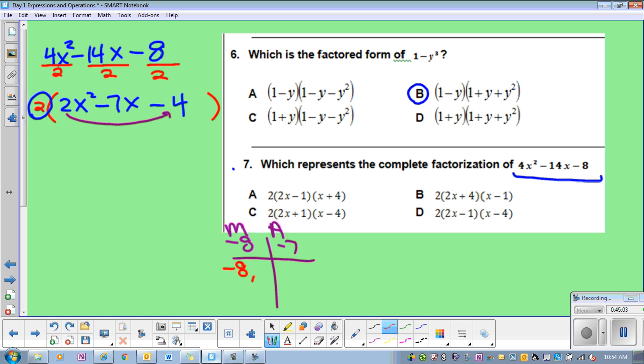Good, negative 8 and 1. So that's where you're going to rewrite that guy. Leave your GCF alone. Bring down the first, bring down the last, and rewrite your middle term, that x, using the two numbers: negative 8x plus 1x.